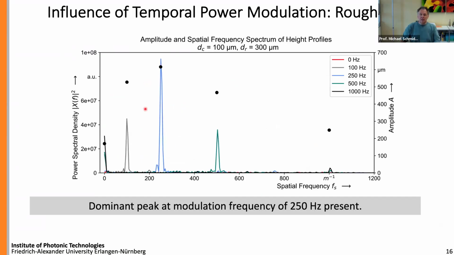And interestingly, if we have the spatial frequency counted out of that, we find in the roughness values the frequency values that we had in the temporal shaping of the amplitude of the beam, namely the 100 Hertz, the 250, and so on. What's the take-home message from this picture here?